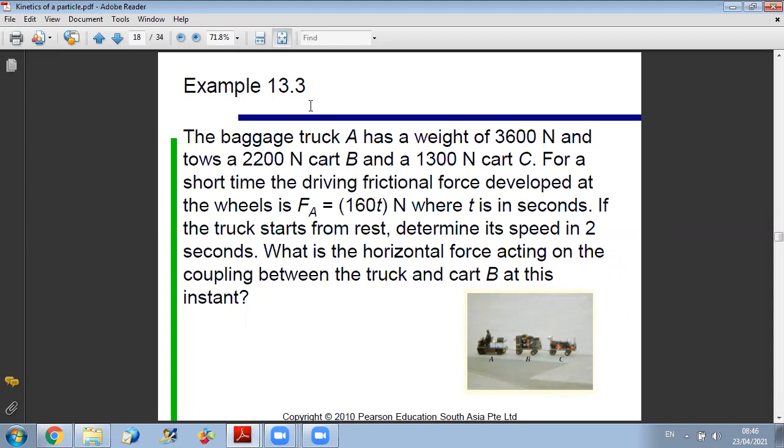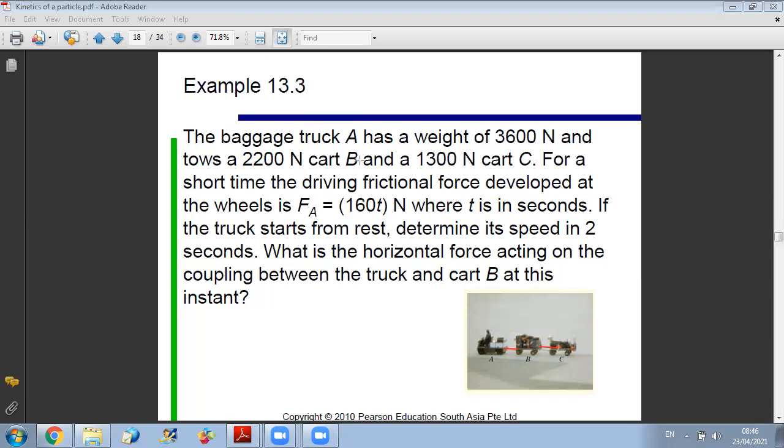So in this problem, what do we have? We have 3 cars connected together through couplings. So A is connected to B and B is connected to C. Now they are saying that for an initial start, we are accelerating the system. The driving frictional force is developed only at A. Here, if you have some cars with 4-wheel drive, the friction will act on 4 wheels.